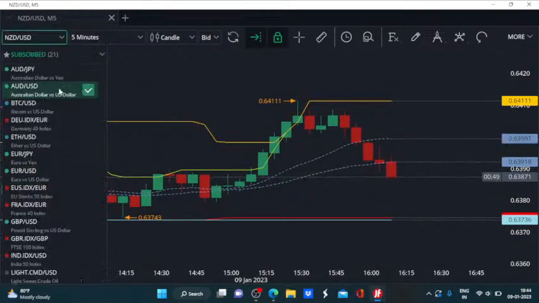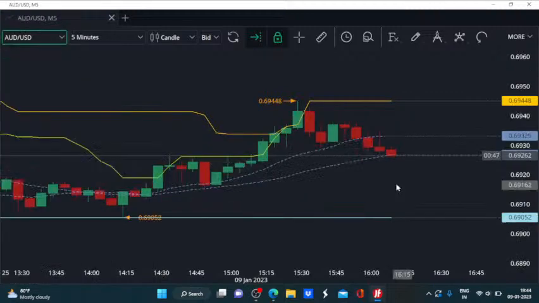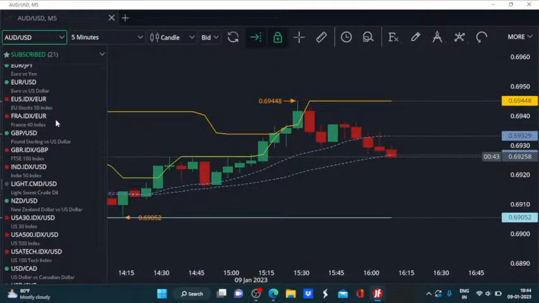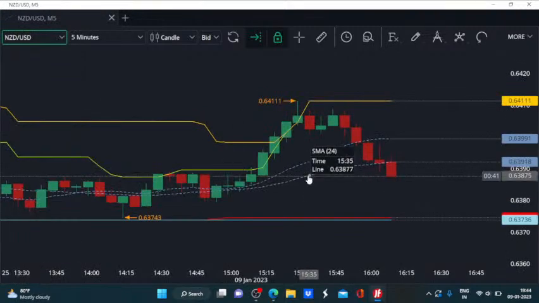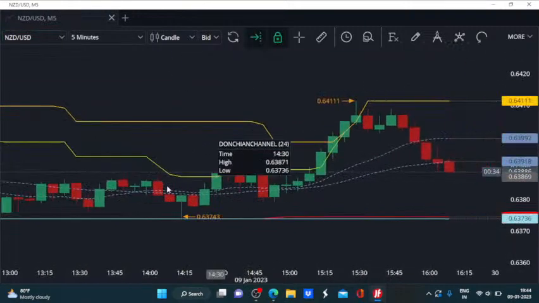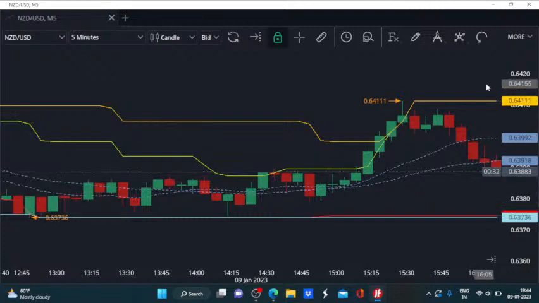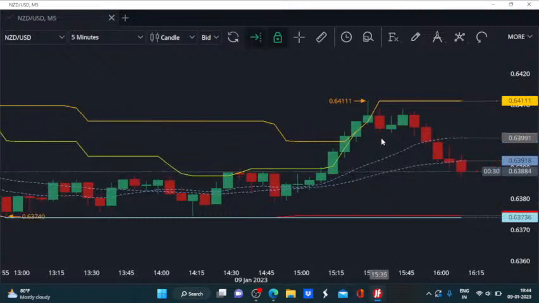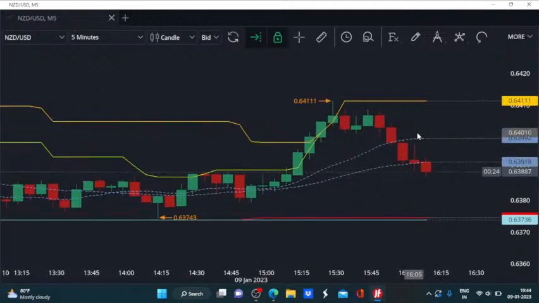Let's see what's the story for AUD, as this correction seems to be dipping. So it is deeper for the NZD compared to the AUD. The timeline of this decline, swing low and swing high, is the same for AUD and NZD, but the magnitude of the rise and then this decline is pushing the NZD onto weaker footing compared to the AUD.